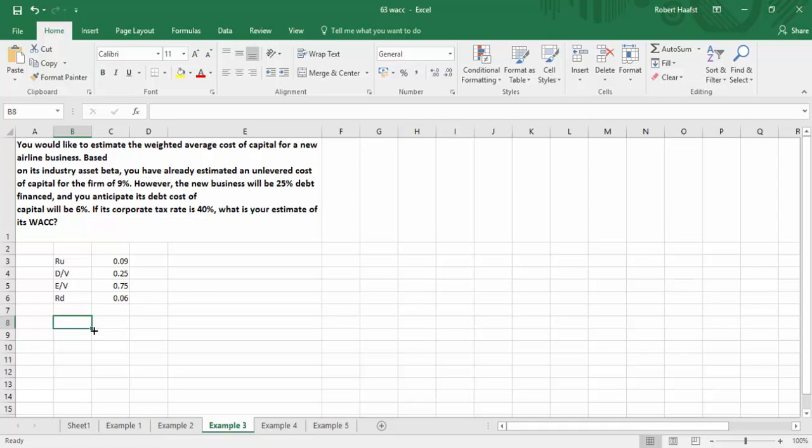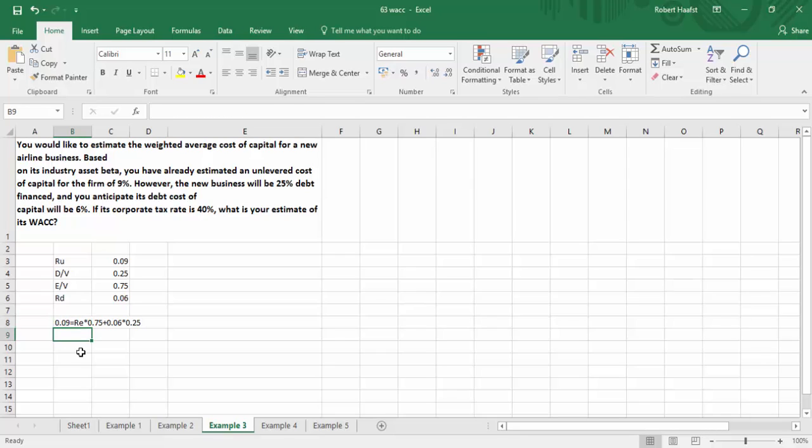So, if we forget about the tax for a moment, it's 9% is equal to what we really want to know times the equity to value plus cost of debt times the debt to value. Right?